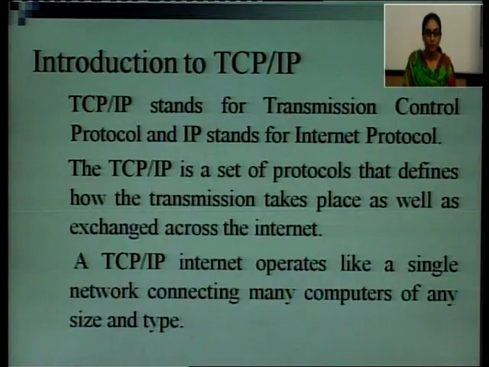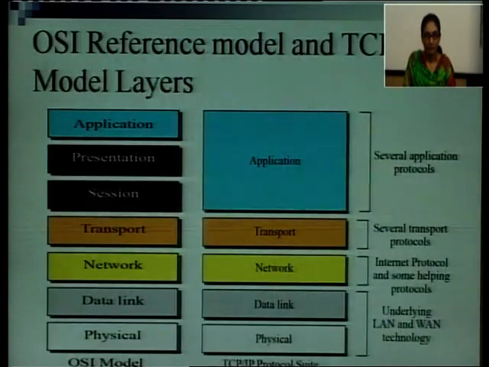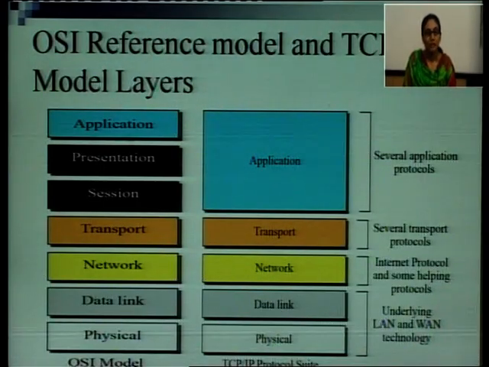So in this we are using computer systems of any size and any type, and they can communicate by using TCP IP. Now we can compare the OSI reference model with the TCP IP model. As we all know, in the OSI model we have 7 layers.